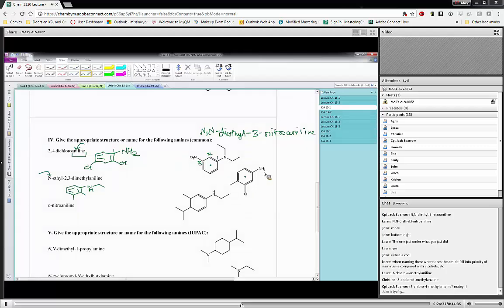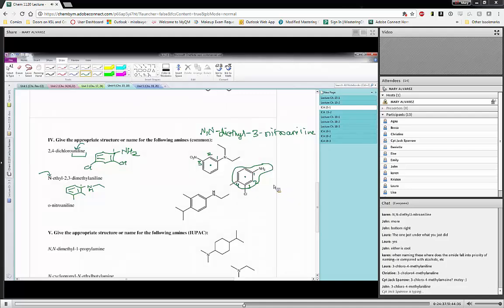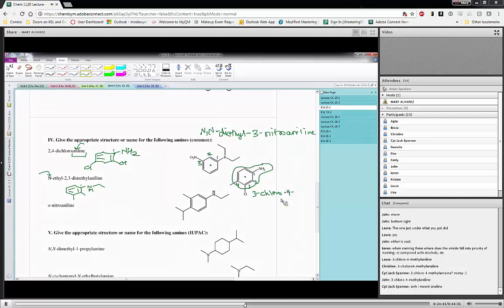Okay, so wait, which one were we doing? This one. So this is our aniline. And then lowest numbers if we go this way. So 3-chloro, 4-methyl aniline. Yeah, there you go. Excellent. I know you did. Okay, let's do this one.